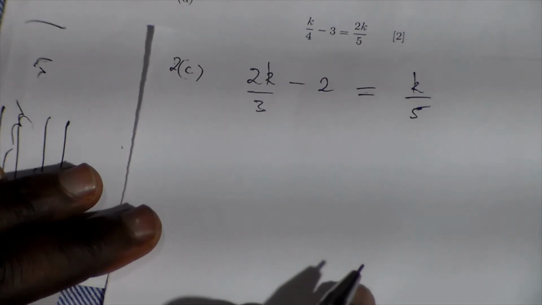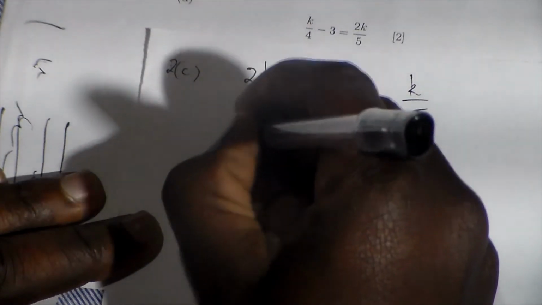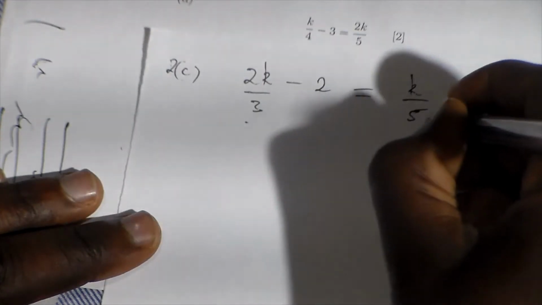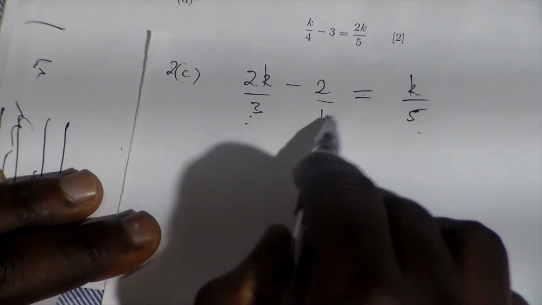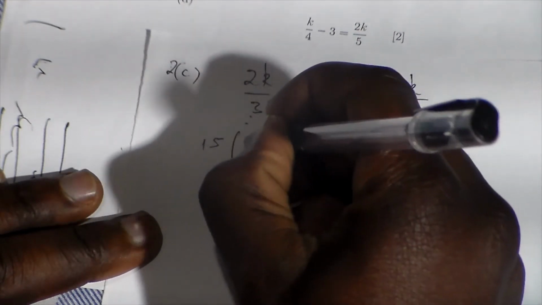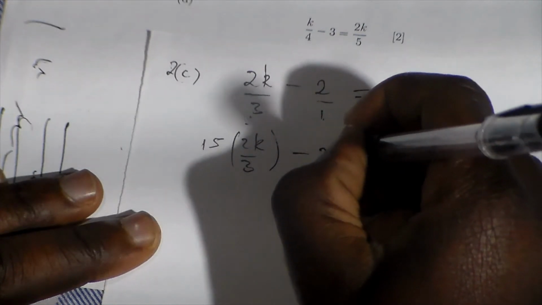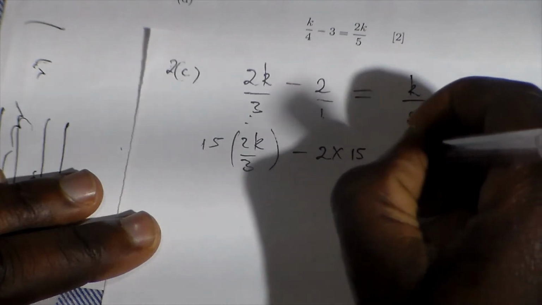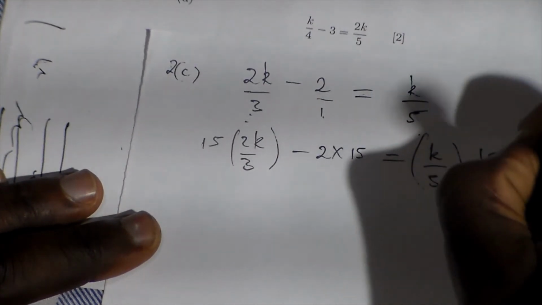So here is what we do. We get rid of the fractions by multiplying each term by the common denominator. So here we have 3, 1, and 5. Our common denominator is 15. Multiplying each term by 15, we get minus 2 by 15 is equal to k over 5 by 15. Okay.